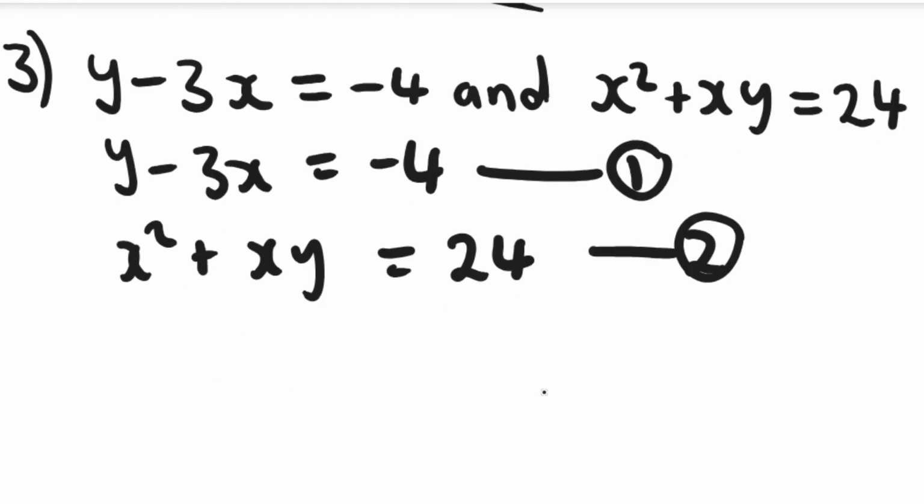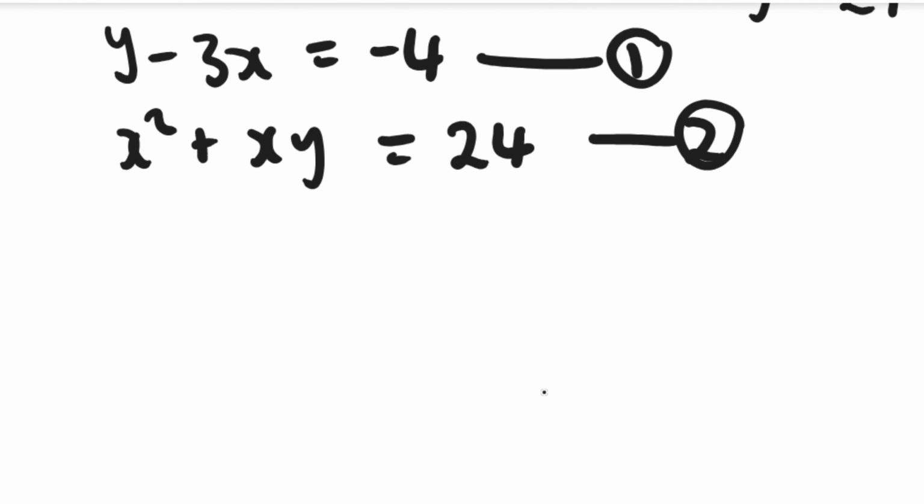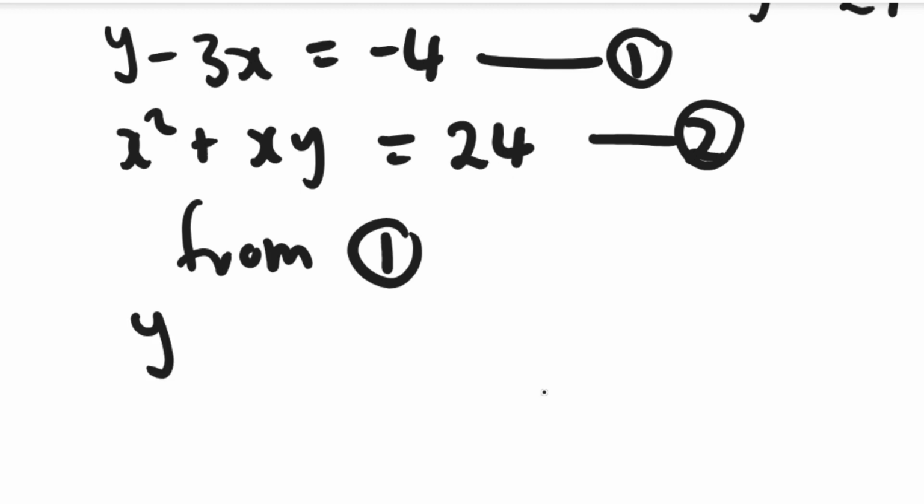From here, from equation 1 we can write our y. We target our 1y to the power of 1, the one that has just y, and make that y the subject of the formula. We just write y is equal to, we take this negative 3x to the other side.